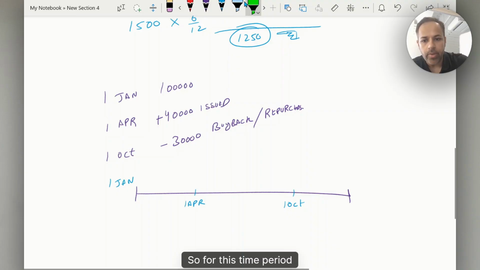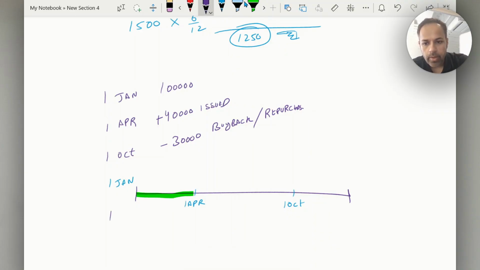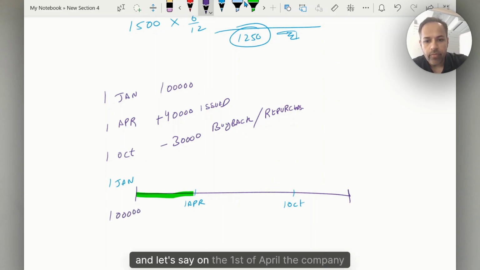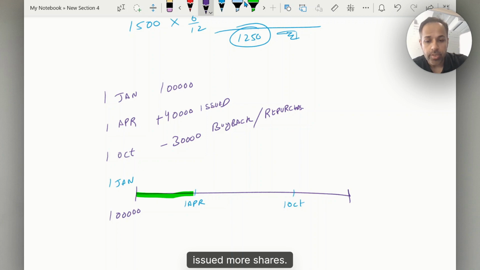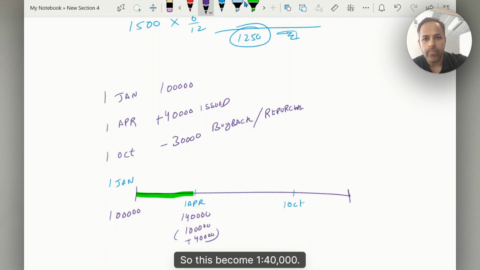For this time period, the company owns 100k shares. And let's say on 1st April, the company issued more shares. So this becomes 100k plus 40,000, which is 1,40,000.